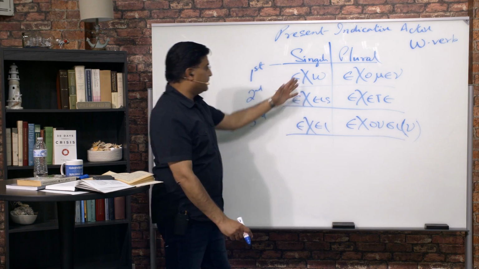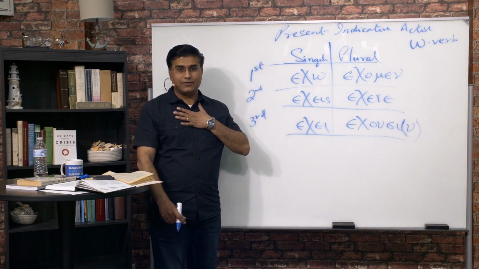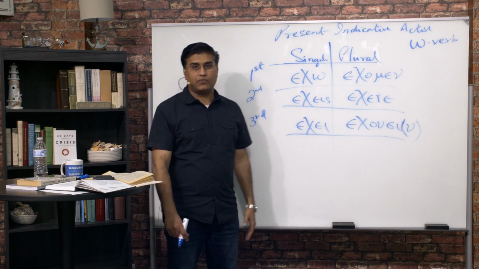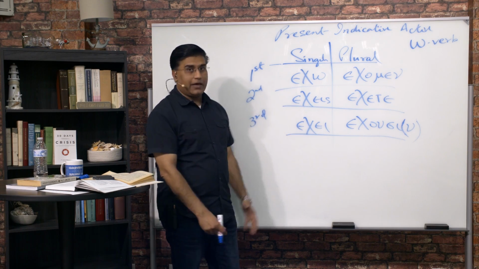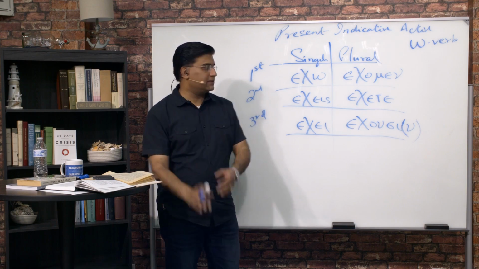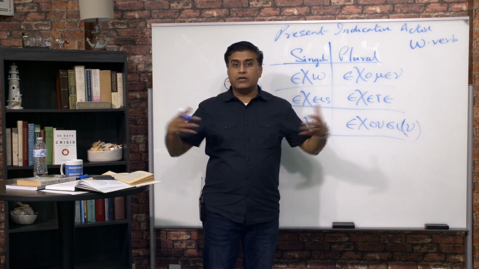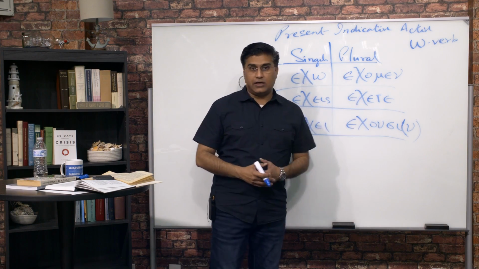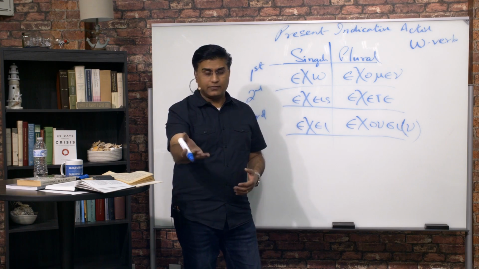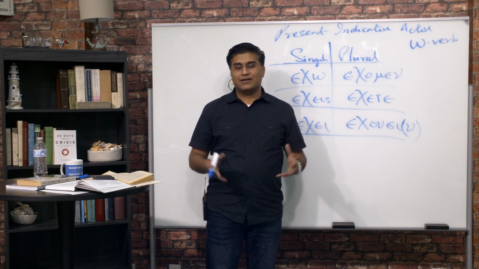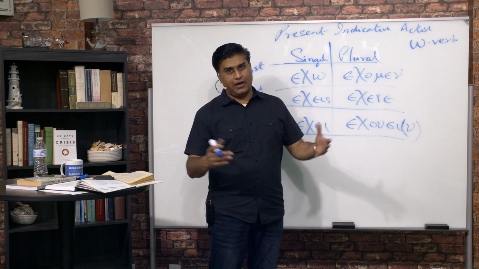They have. So, echo, I have. Ekeis, you have. Ekei, he, she, it has. Ekomen, we have. Ekete, y'all have. Ekousin, they have, or they are having.